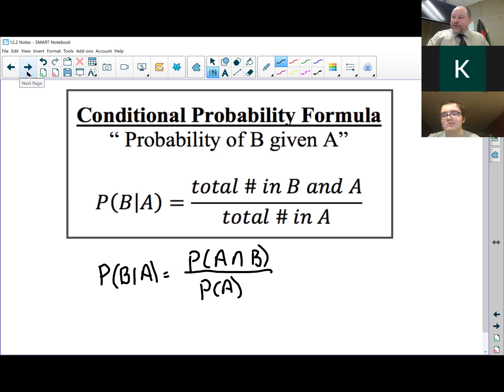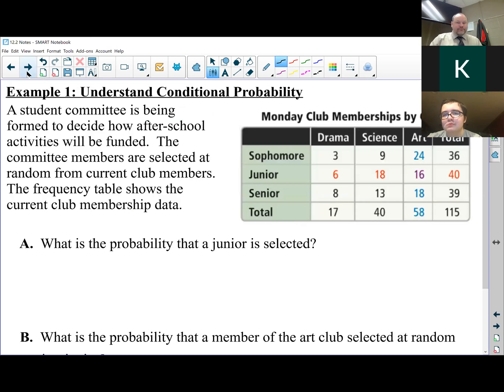All right, let's take a look at a few examples. A student committee is being formed to decide how after-school activities will be funded. The committee members are selected at random from current club members.